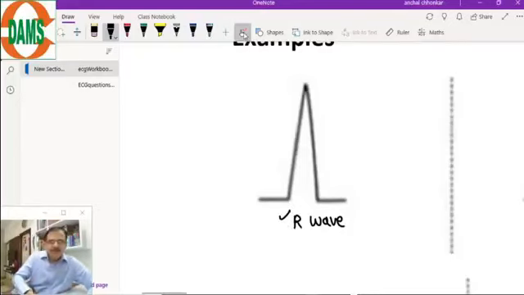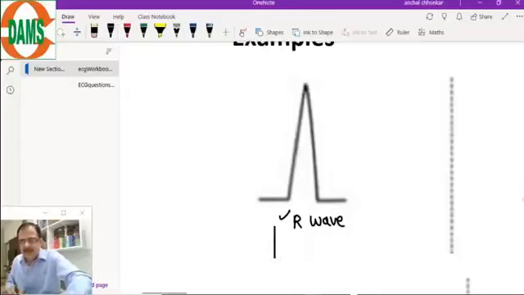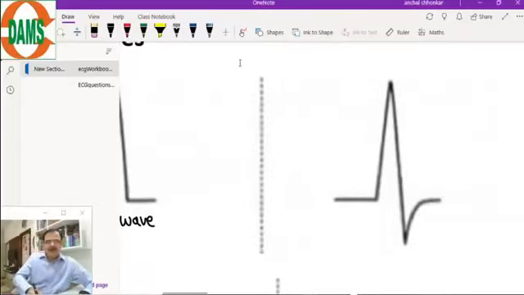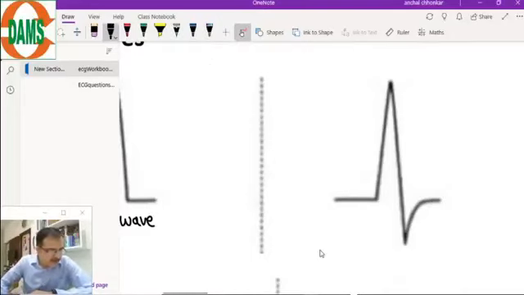Now second example. What will you call this wave? Remember, the normal height of the QRS complex depends on which lead you are seeing, and that we will discuss in the abnormalities.